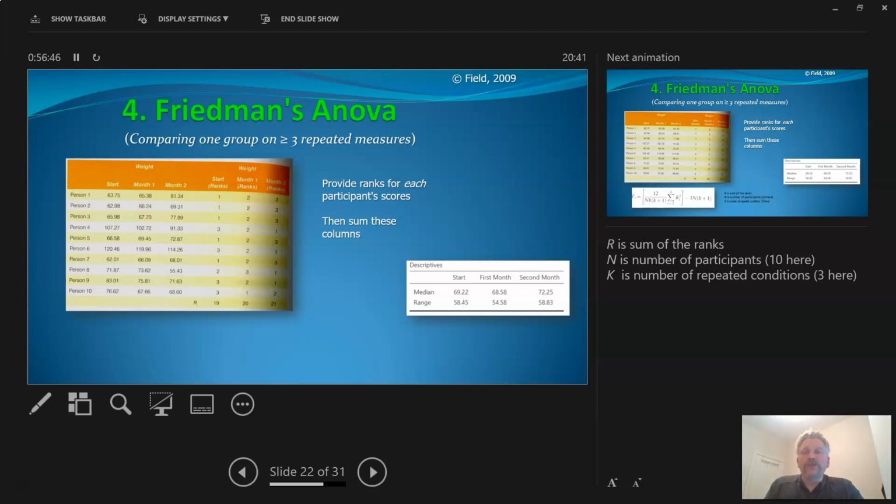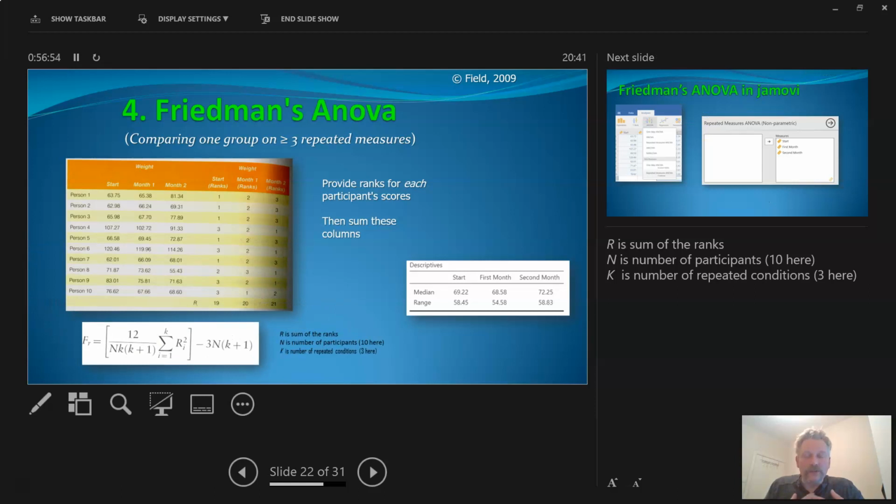So what do we do in this analysis then? Well, brace yourself. What happens is Jamovi, thankfully for us, begins to rank the data. As with the Wilcoxon, we look at each person and rank their scores in ascending order.